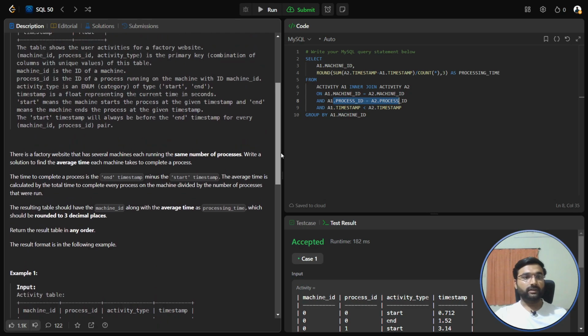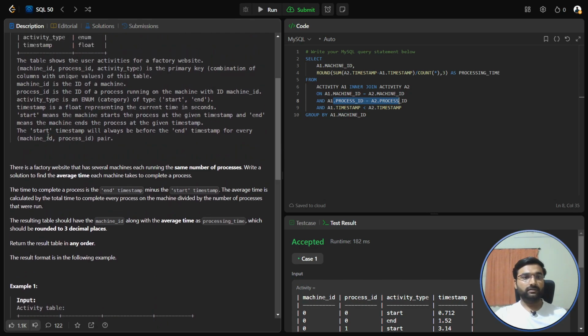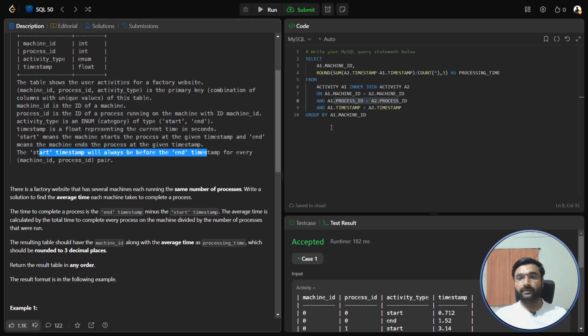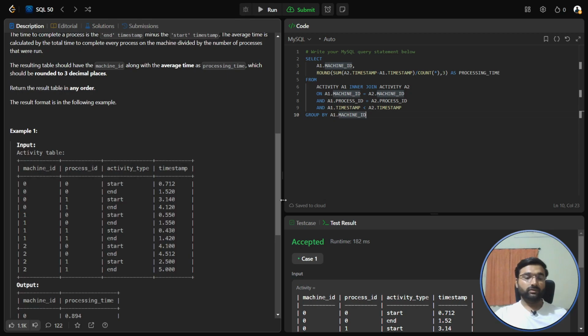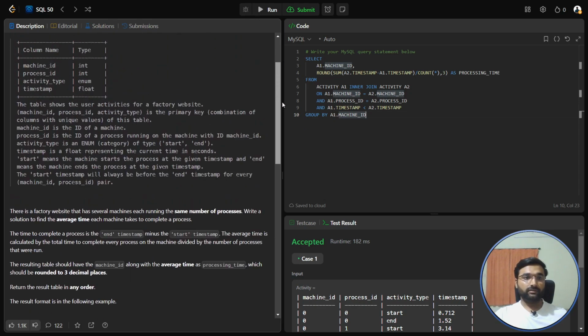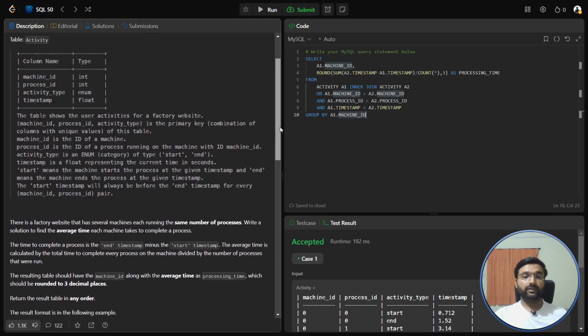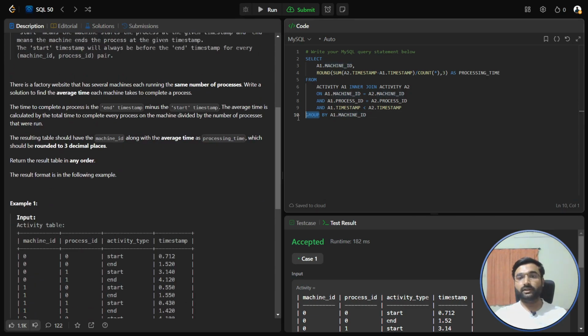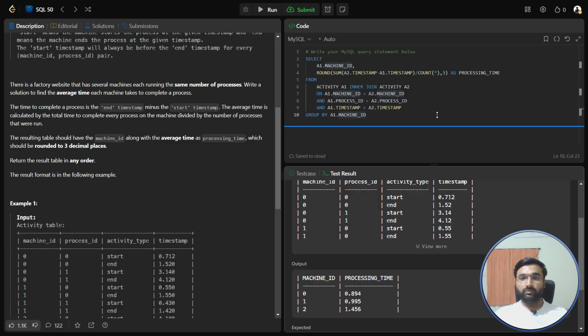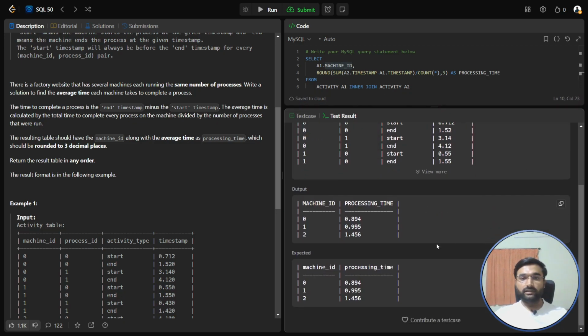It's written over here. Start timestamp will always be before the end timestamp, right? It should be less, and we'll group it by the machine id. Because here they've said to calculate the average for each machine, that's why I'll write group by, and we'll get this in the output. I'm grouping it by the machine id and calculating the processing time.